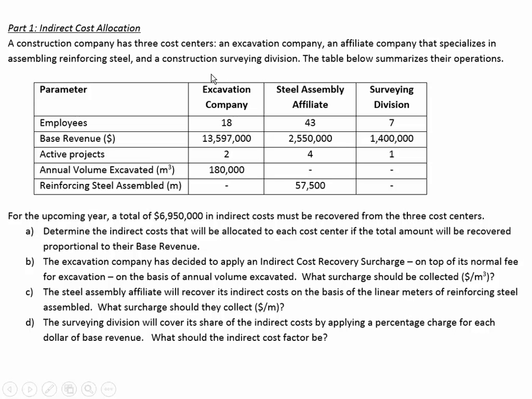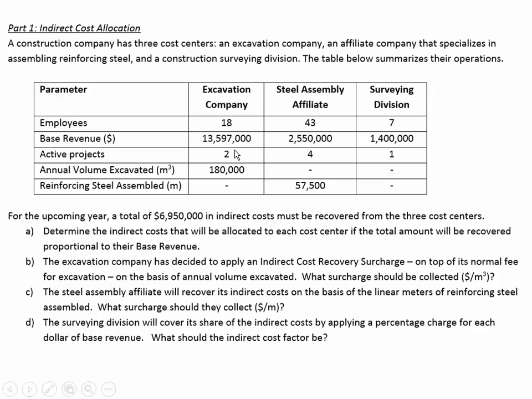This construction company has these 3 cost centers, as they're called. Now, it's called a cost center because the indirect costs are being generated by each of these divisions. And so you can see basically how many people each division has, how much revenue they have coming in, the number of projects.